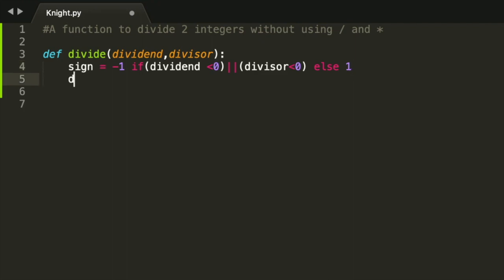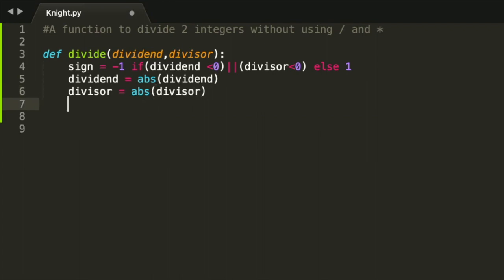So dividend equals absolute of dividend, divisor equals absolute of divisor. Now I'm going to initialize another variable q, to store the quotient.